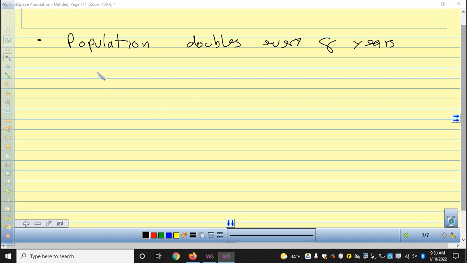So we can model the population. Let's say we model the population as 6,400 times 2 to the t, where t is an 8-year period.